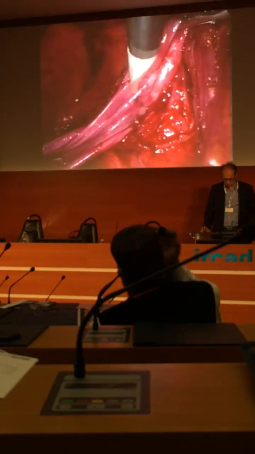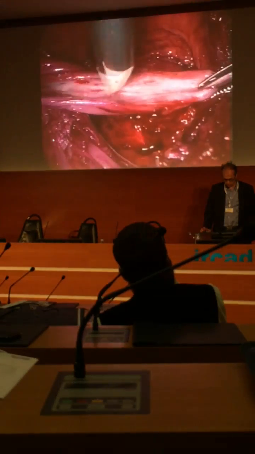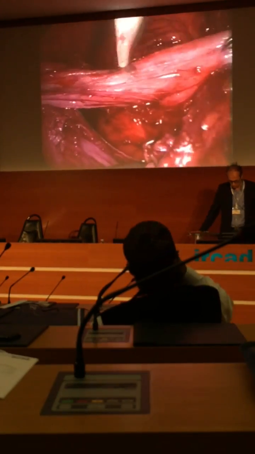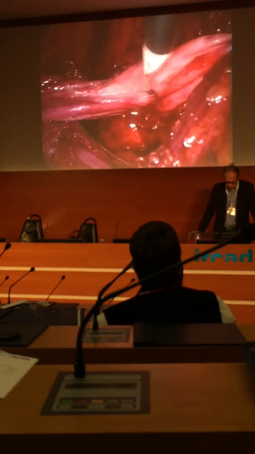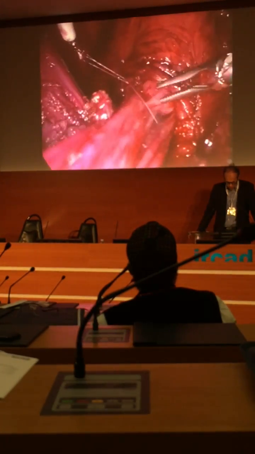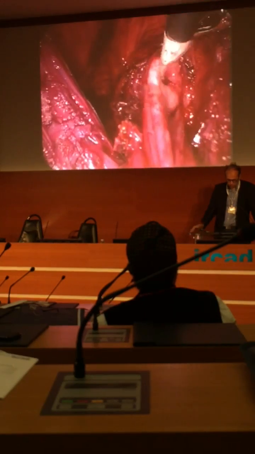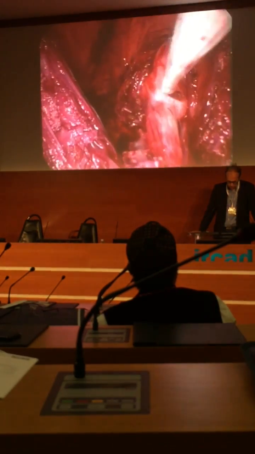You can notice that he is using a hook there. Maybe this instrument can be helpful for this kind of smooth dissection. And progressively, by pulling on the mucosa, you see, it's coming out.